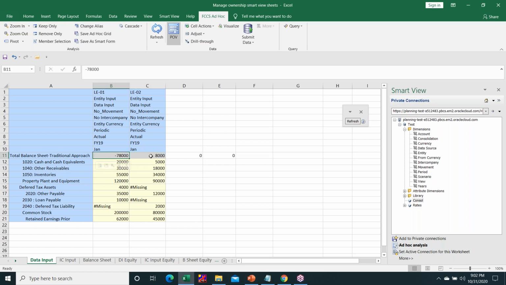The difference is coming because we have not yet entered the intercompany transactional numbers within the FCCS application. I have not entered this number in this sheet because we are required to enter your intercompany numbers against the intercompany partner.